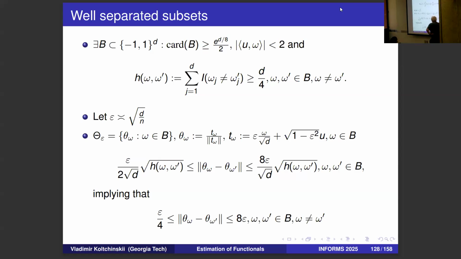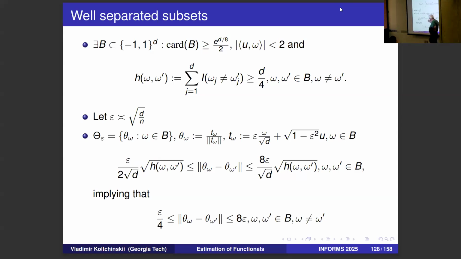Now, then we choose epsilon that will be of the order square root of d over n. d is the dimension that later will become r, the effective rank, okay? So basically the dimension of the space in which sigma naught and all other operators will act. Then we create a certain set of unit vectors, parametrized by omega, and they are defined this way.